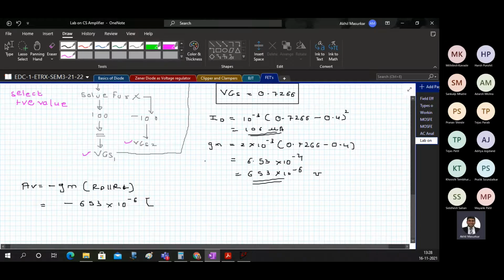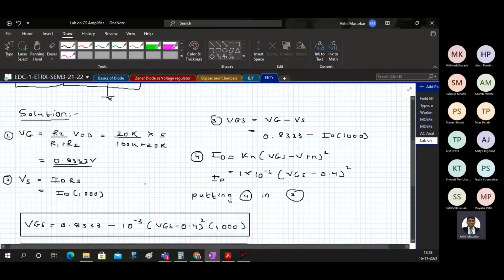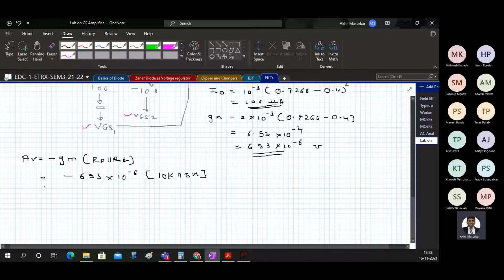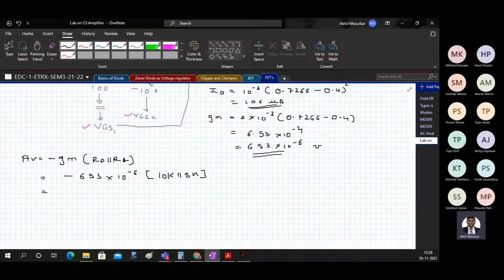The value of RD is 5K and RL is 10K. So 10K and 5K in parallel: 10 into 5 upon 15. So tell me what is the value of gain quickly.